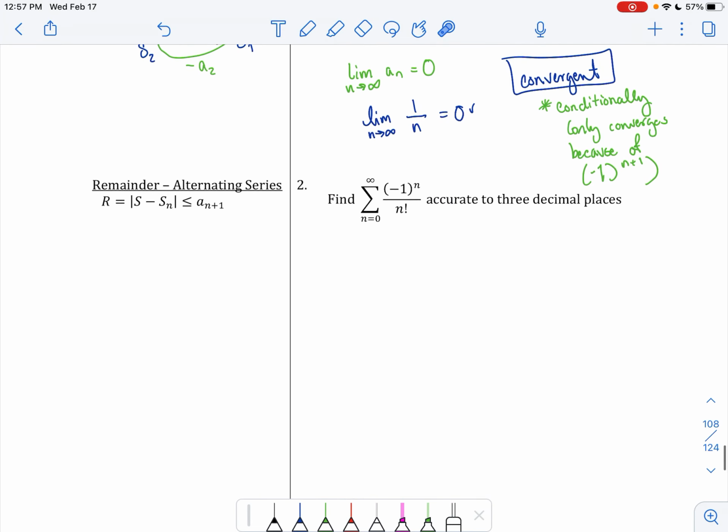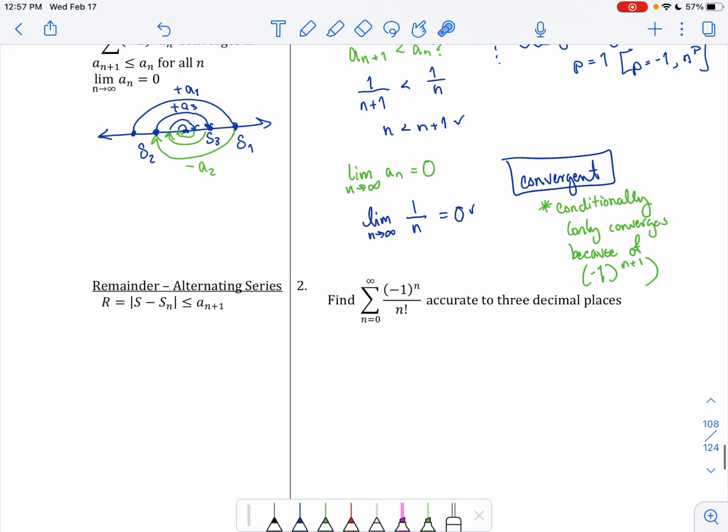A nice thing that you can also do with the alternating series test, and alternating series in general, is you can find the remainder. Now, the remainder is the same as the error between the actual sum of the series, which is at infinity, so it has no upper limit, versus the partial sum, which is up to a certain point.